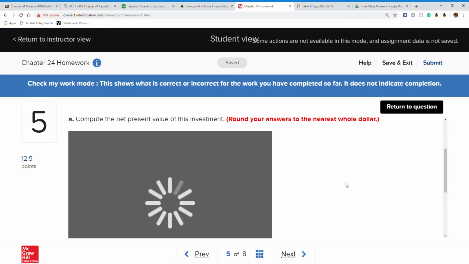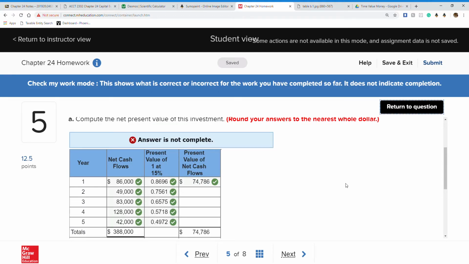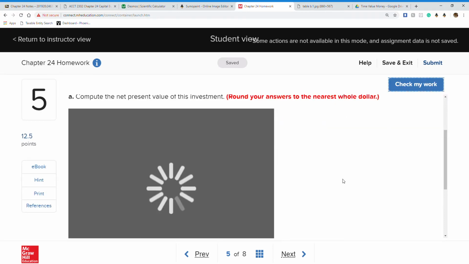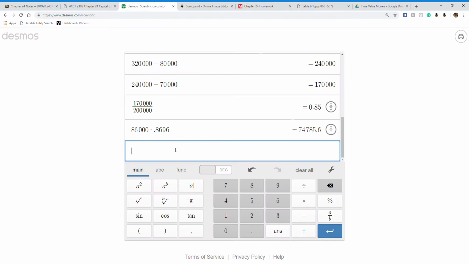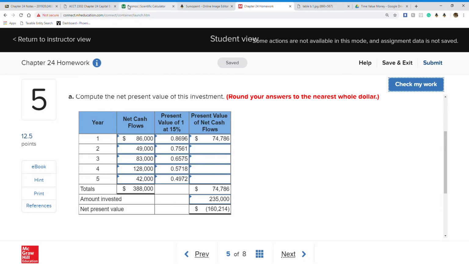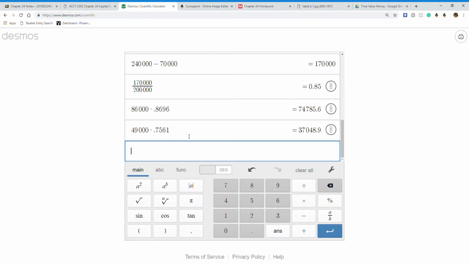Okay, check my work just to make sure everything else is okay right now. It is awesome. So let's go through it all. Times 0.7561, 37,049.